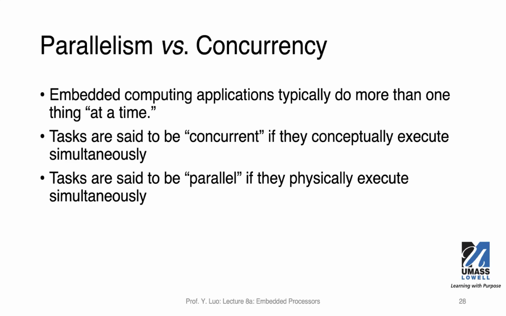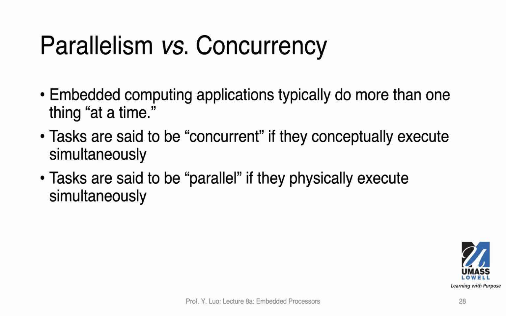But I want to differentiate 2 concepts. One is concurrent, one is parallel. You may see these 2 terms in different textbooks and papers. They refer to different things, even though they are quite similar. Both of them are talking about multiple tasks. But when we say concurrent, we are talking about tasks being conceptually executed simultaneously. You can think about it as kind of logical.